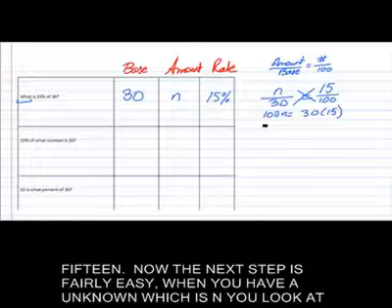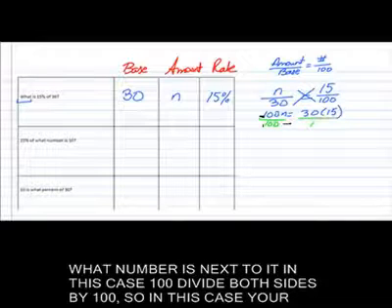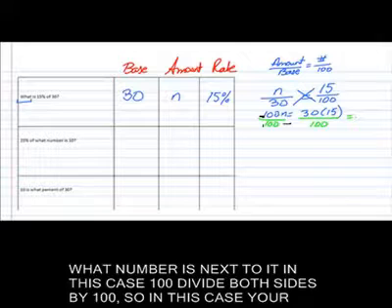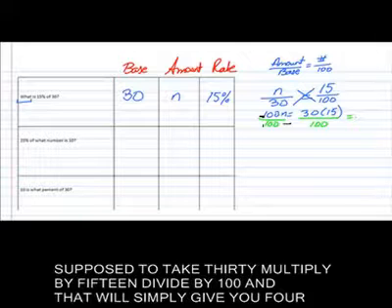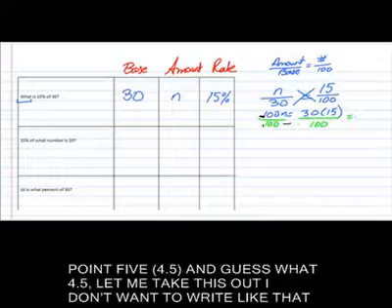Now the next step is fairly easy. When you have an unknown, which is n, you look at what number is next to it. In this case 100. Divide both sides by 100. So in this case you're supposed to take 30, multiply by 15, divide by 100, and that will simply give you 4.5.